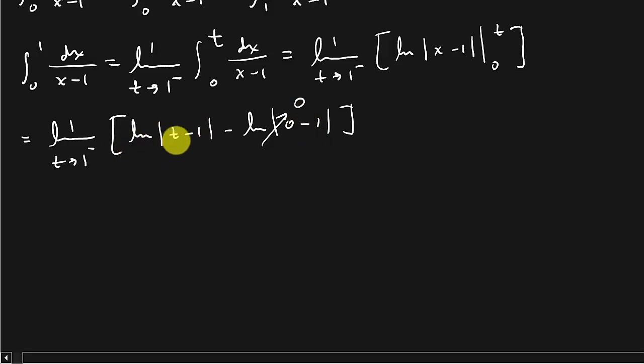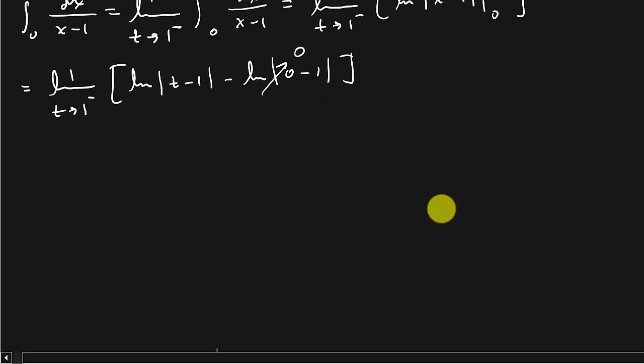So let's look at this part. What's happening here? We're approaching 1 from the left-hand side. So what does the graph of this look like?